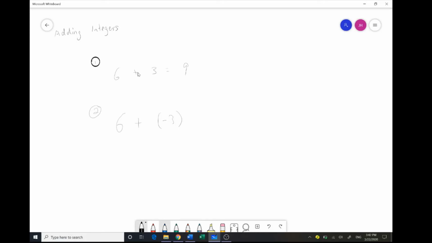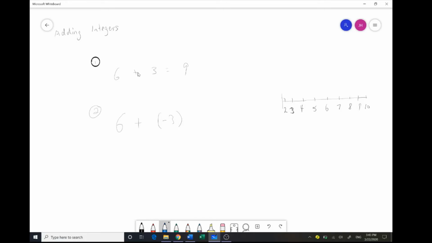So how are we going to do that? Again, let's draw the number line where 6 is somewhere here, 7, 8. Okay, something like that.